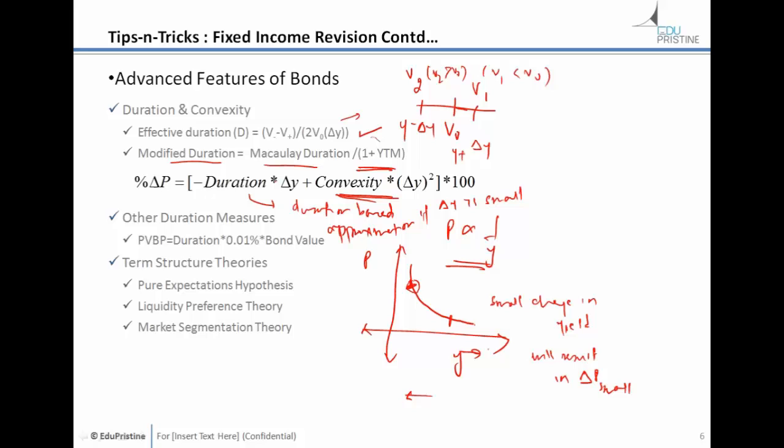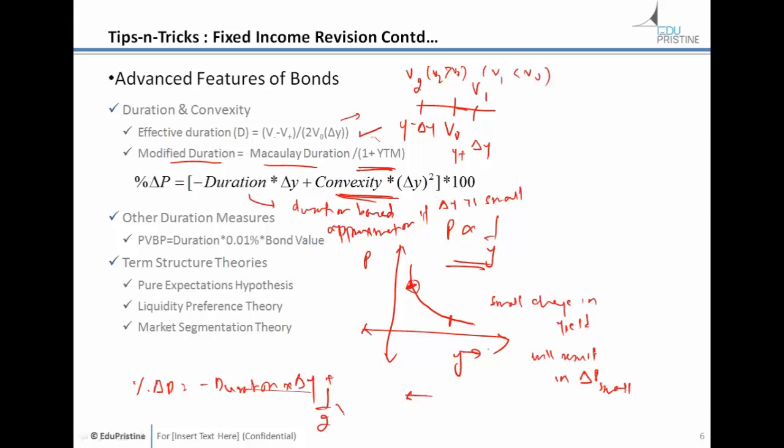So this is the negative sign into delta Y, plus convexity into delta Y square into 100.